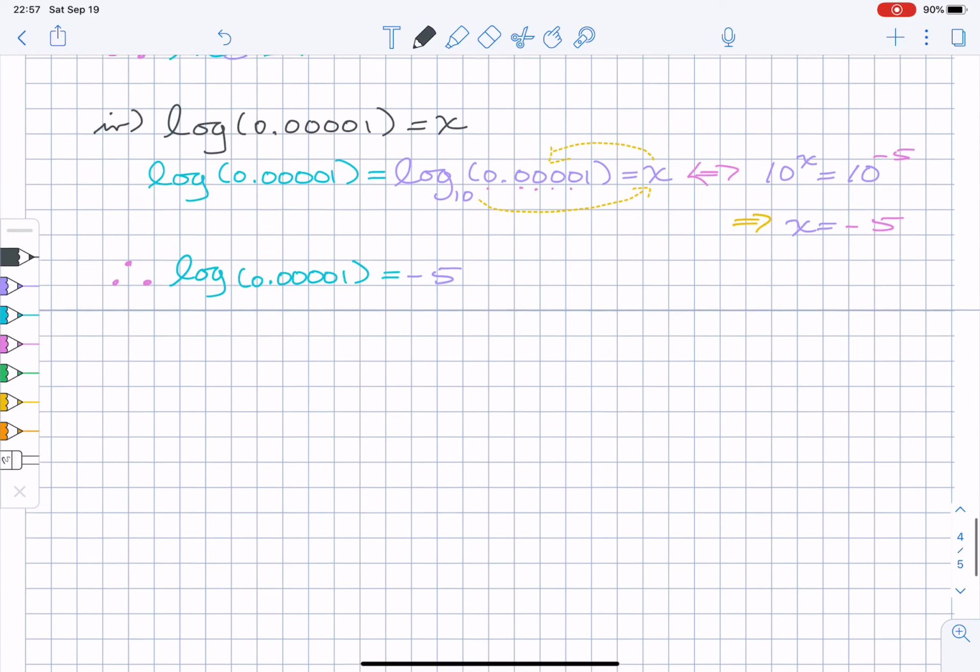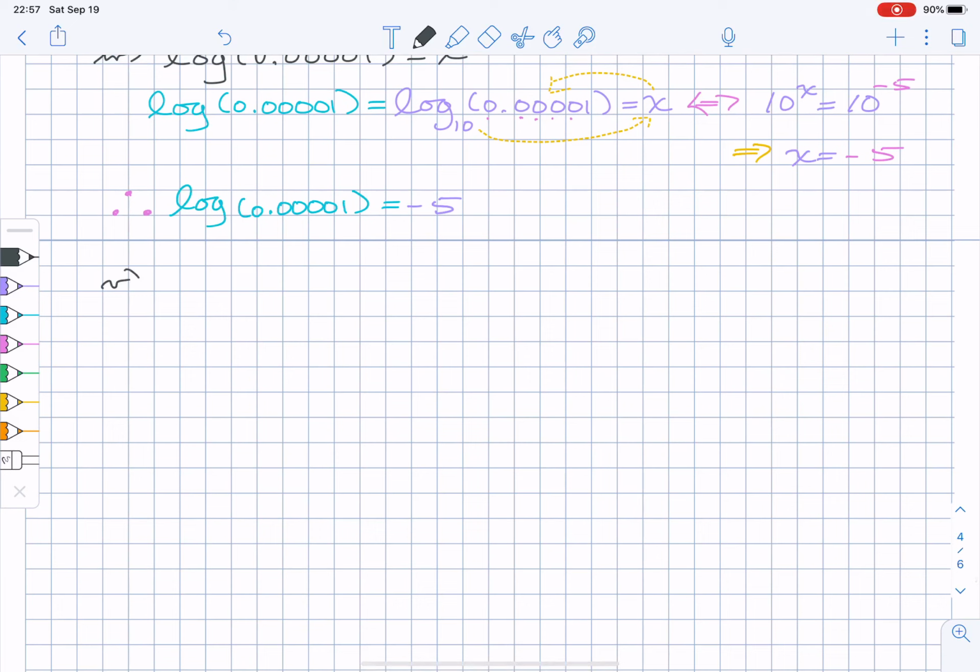Okay, let's do another one, number 5. So let's say we have log base x of 1/81st is equal to negative 2. Yeah, what the heck, let's make it positive 2. Okay, so rewriting this, we have log base x of 1/81 is equal to positive 2.